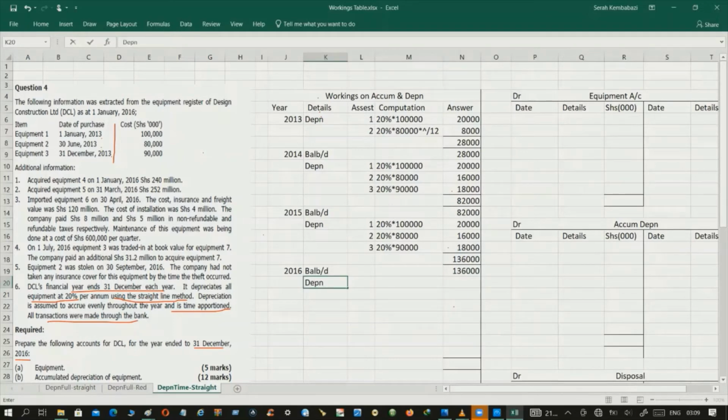And again, we'll have to compute depreciation for all assets we still have in that financial year. We still have asset 1 with us, and it has not been disposed of, so the amount won't change. It will still be 20,000.